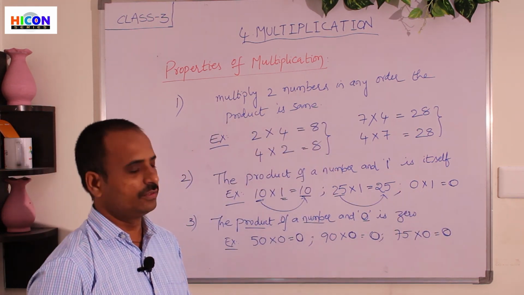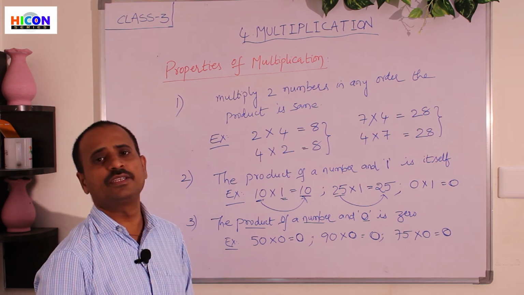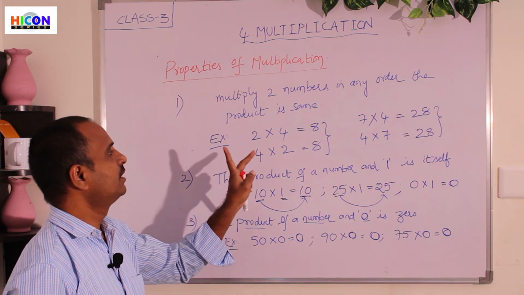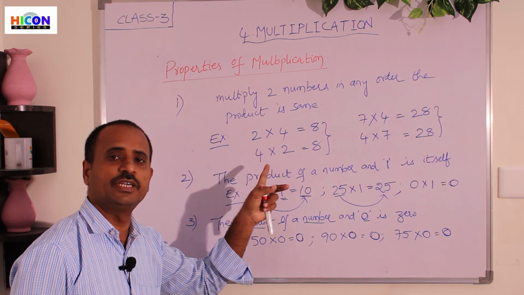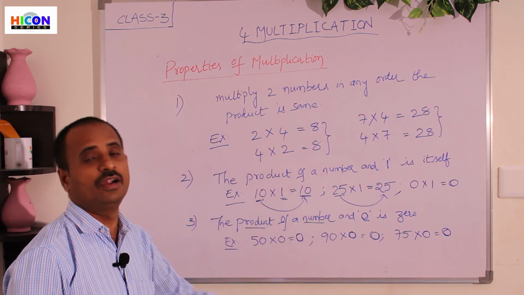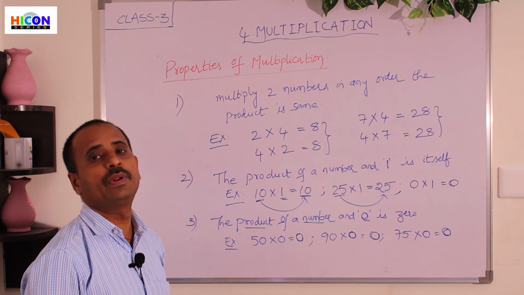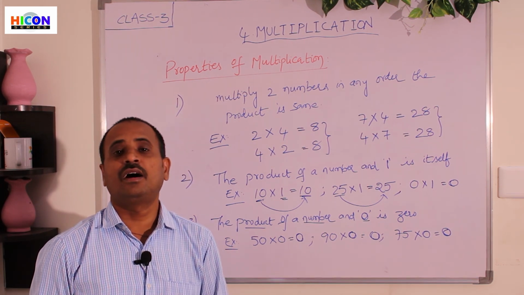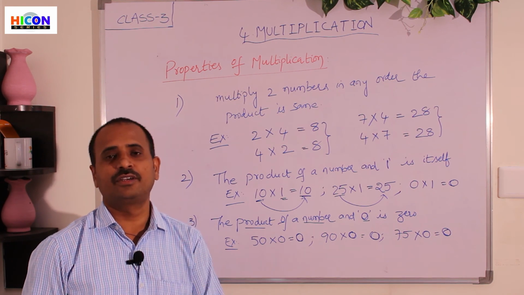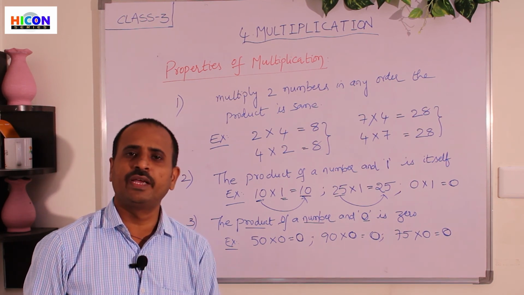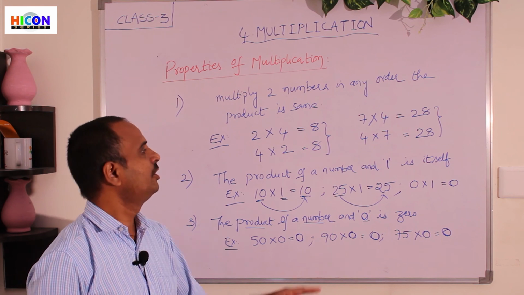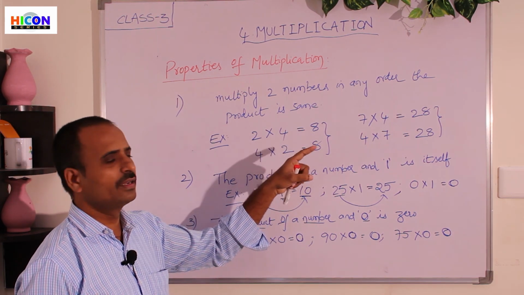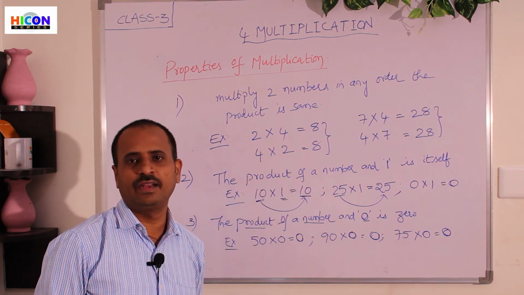So children, these are the three properties of multiplication. So what is the first property? The order of multiplication does not matter while you multiply two numbers. That means if you multiply any two numbers in any order, you will get the same product. 2 fours are 8, and again 4 twos are 8.